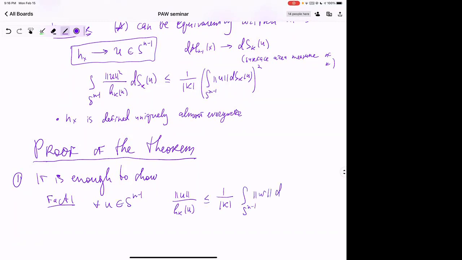I'm going to change the variable to w to make it a bit more clear. So I'm going to show this actually. And I'm claiming that it's enough to show this fact. Do you agree with me that it's enough to show this fact?